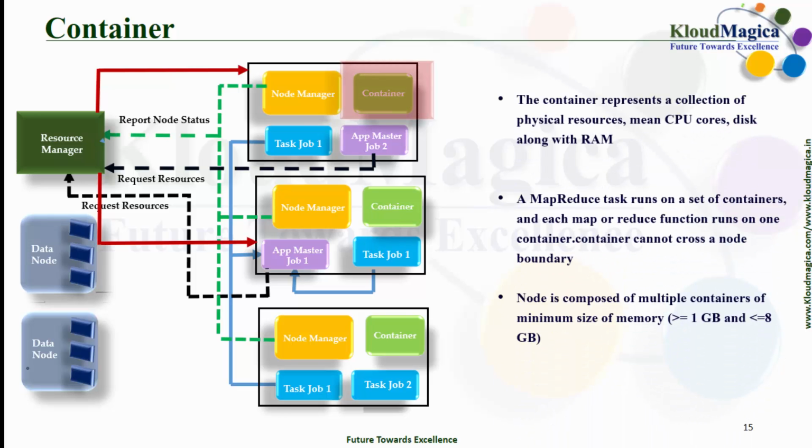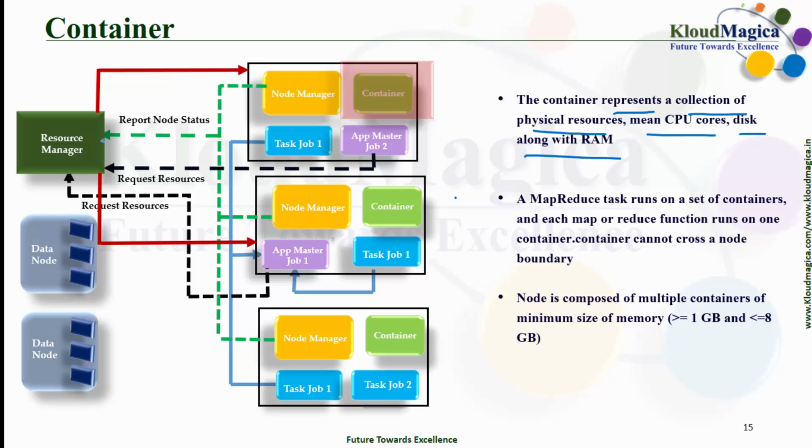In layman's terms, we can say that a container represents a collection of physical resources, meaning CPU cores, disk, along with RAM on a single node in a given cluster.